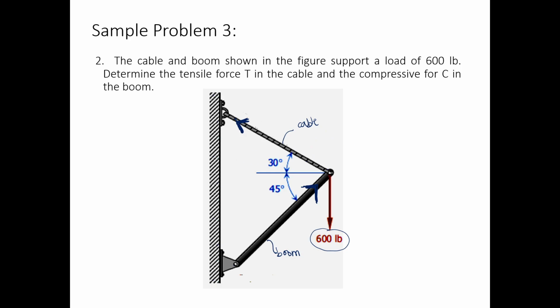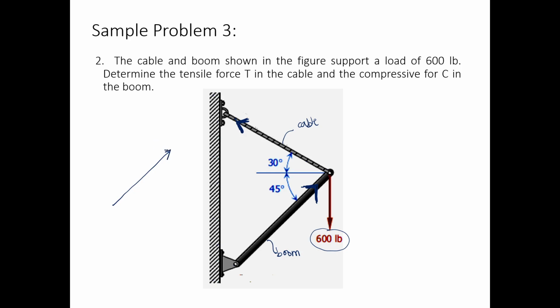So let's try creating the force triangle if you don't want the manual method, so it's easier. Let's create the FBD first. This one is the 600 pound force. Let's say this is the compressive force.